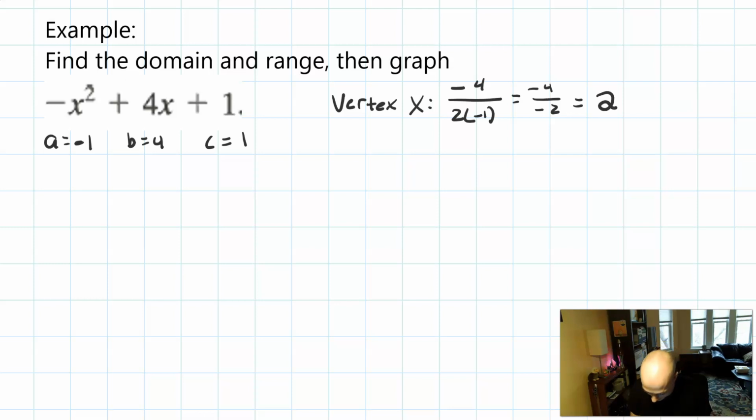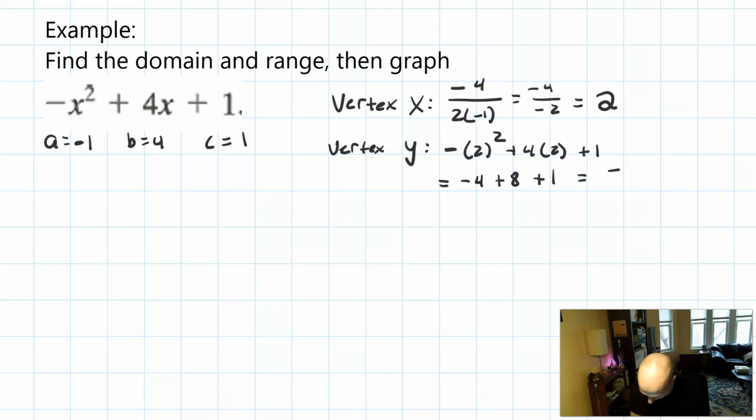And then for the vertex y-coordinate, I'll just plug in 2. So negative 2 squared plus 4 times 2 plus 1, which is going to be negative 4 plus 8 plus 1, or 5. So I know the vertex is going to be at 2, 5. Pretty simple.